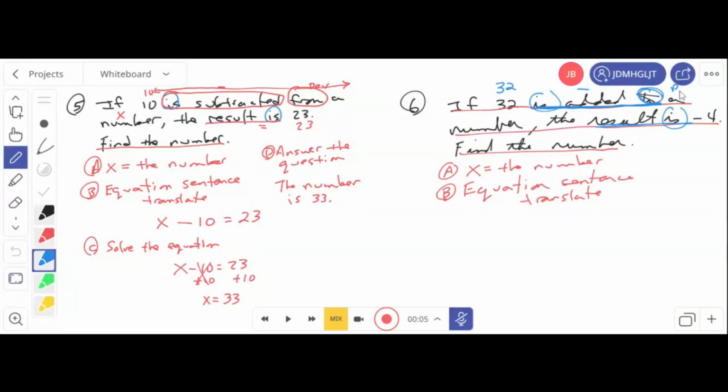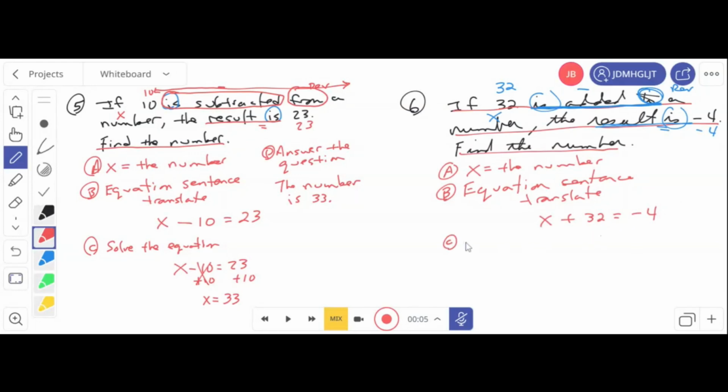To is a reverse word, and our number is x. Result is means equals -4. So our equation is x plus 32 equals -4.